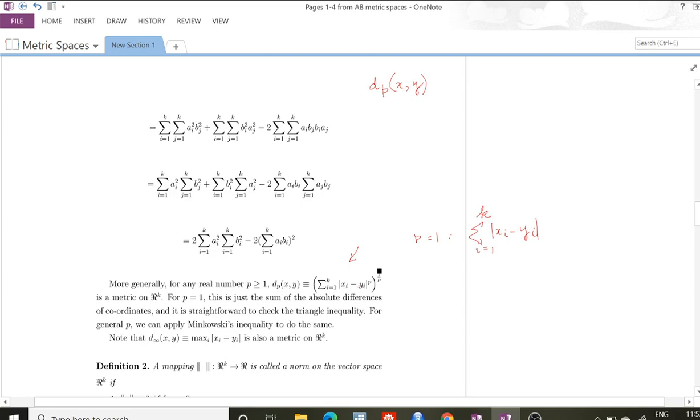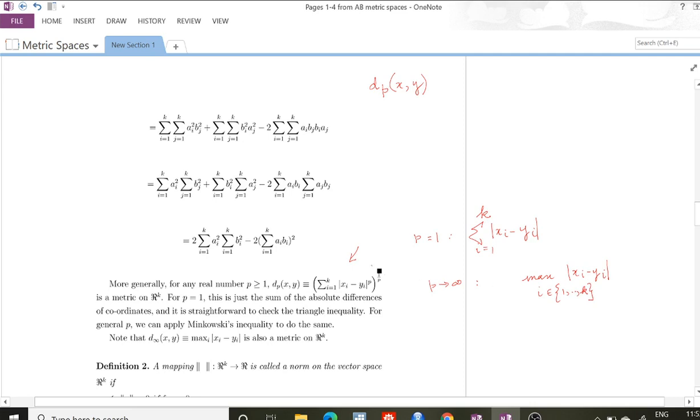And you can show that in some sense, as p approaches infinity, this distance will go to the maximum difference between xi minus yi, over all the coordinates i.